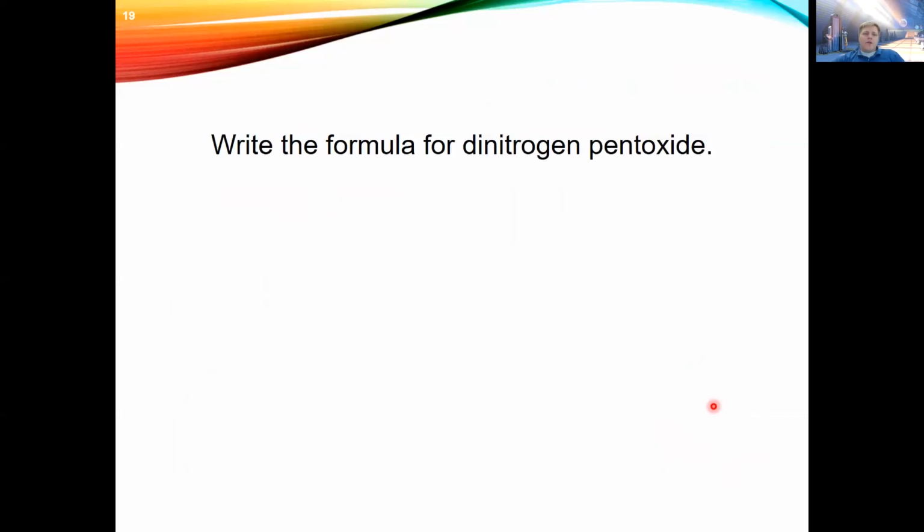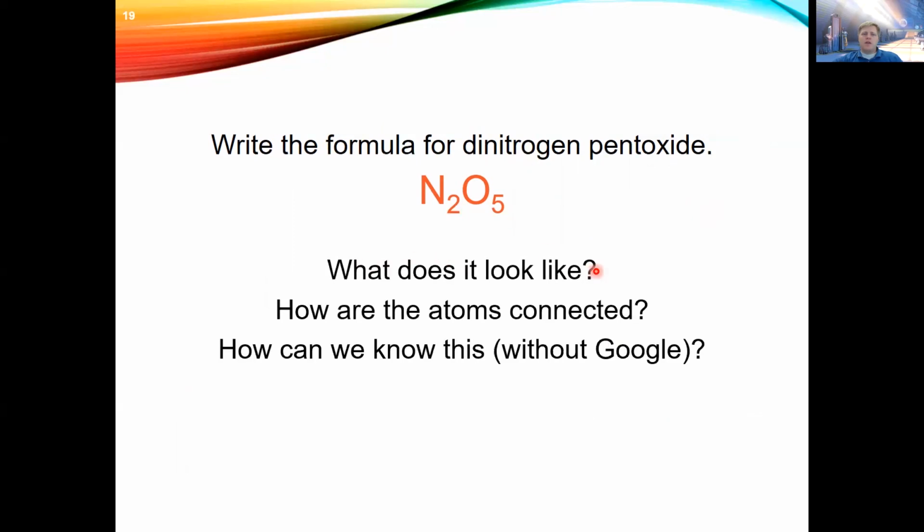All right, so now you should know how to write the formula for something like dinitrogen pentoxide. If I gave you that, you should be able to tell me that that's N2O5. But looking at N2O5, that doesn't actually tell me what the molecule looks like, doesn't tell me which atoms are connected to which. You know, we have 2 nitrogens, and you might guess that those 2 nitrogens are bonded to each other and bonded to some of the oxygens.